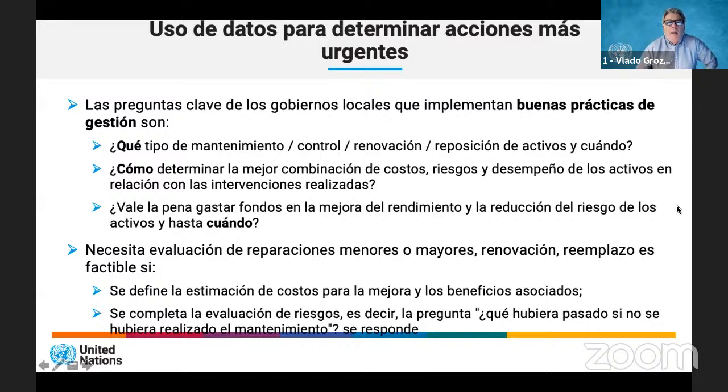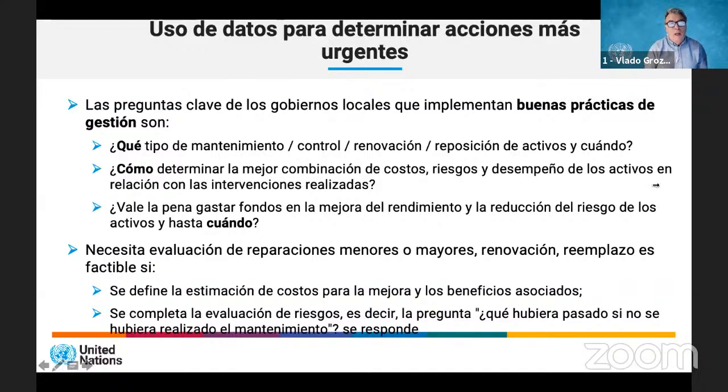So it's very important to have the right type of maintenance in order to select what the most critical assets are, what type of maintenance is needed, what type of control and inspection, renovation or replacement of the assets we saw, and when we should do it.